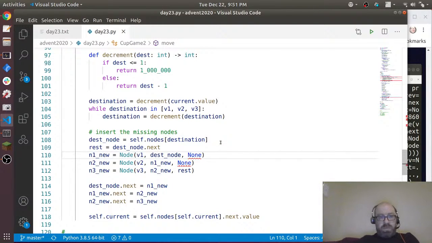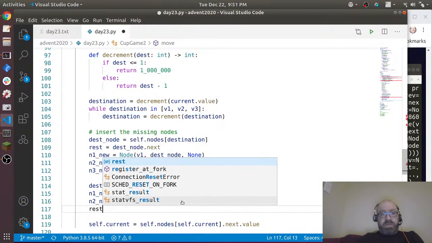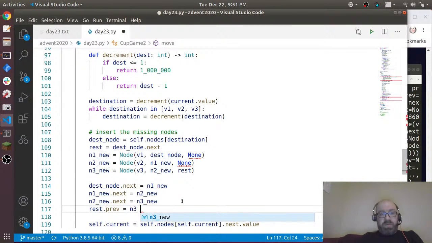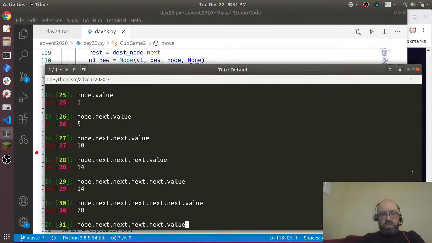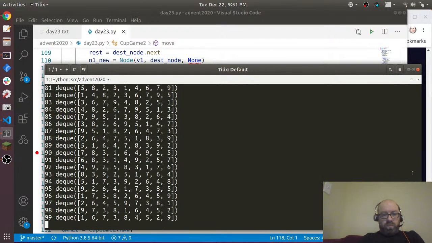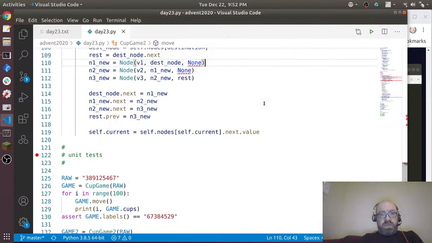Dest node, and then I have to do one more. Rest.prev equals n3 new. Let's try this again. Okay, that still didn't work.